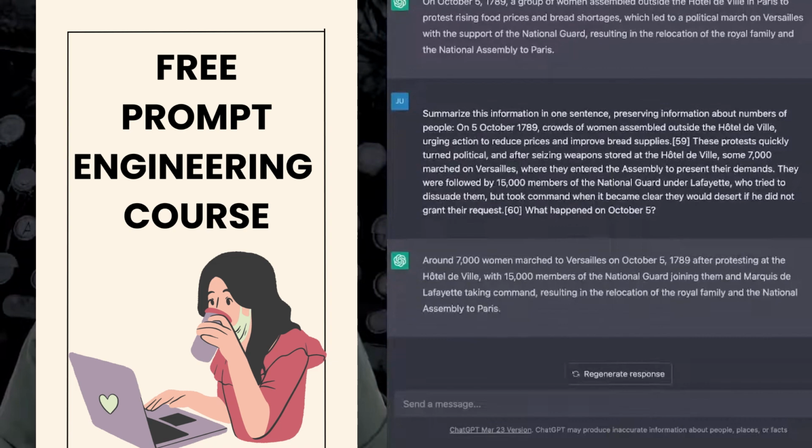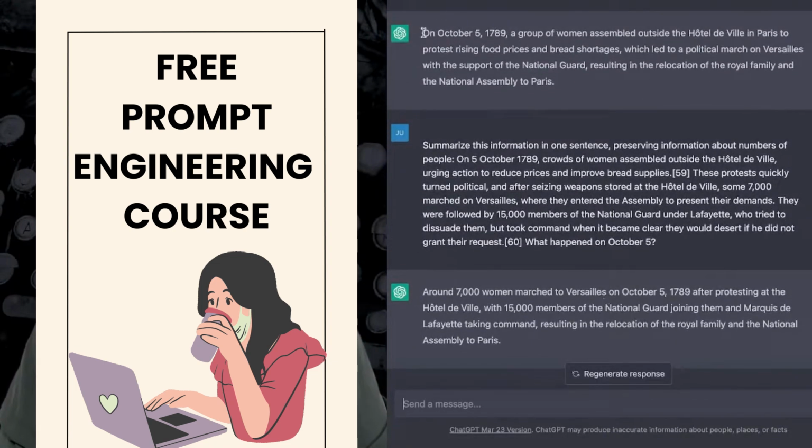And then we would get a summary that preserves the information about numbers. If you look at the original summary, it didn't keep the number of people. And if that was something important that we needed to reason about, then we would have lost that.